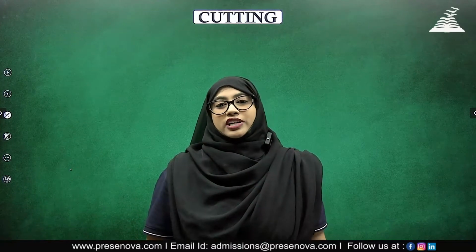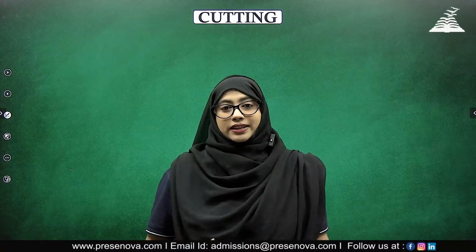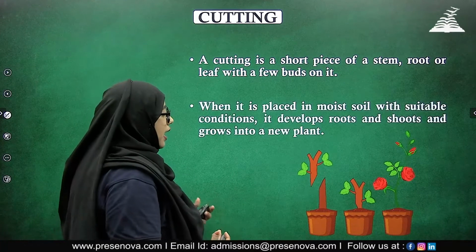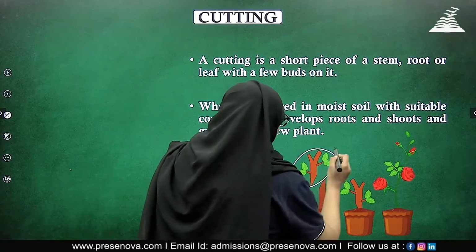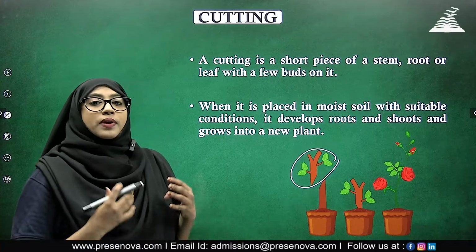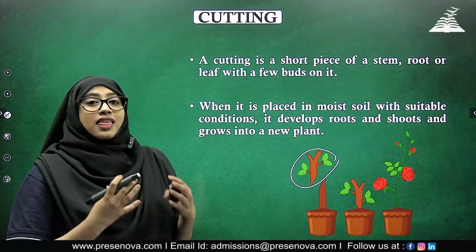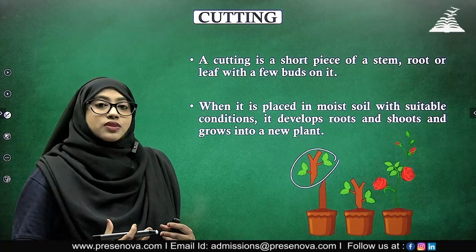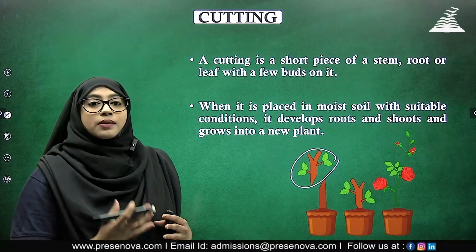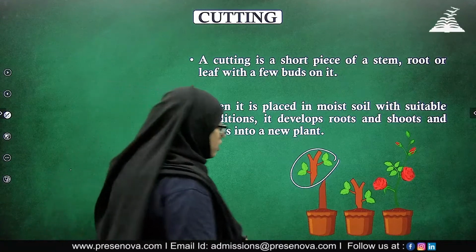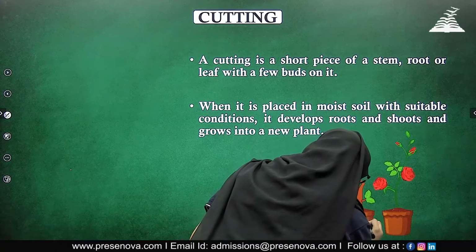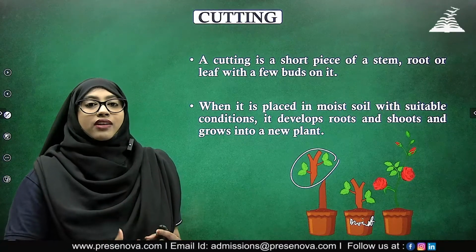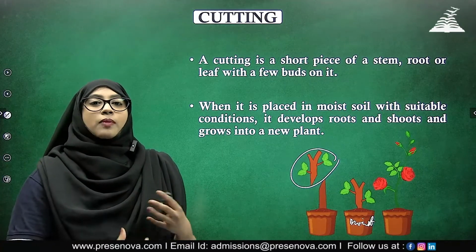So the first way of artificial propagation is cutting. Here small pieces of stem, root and leaves are cut down, which bear buds in them. The condition is they have to bear buds. These parts which are cut from the parent plant are then grown in moist soil, where during favorable conditions they develop roots and shoots and form a new plant.